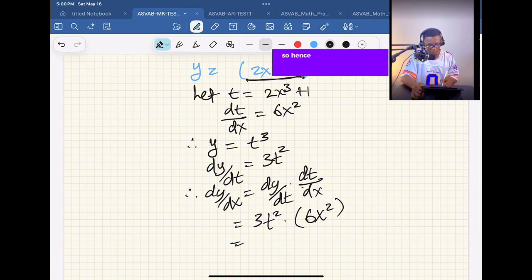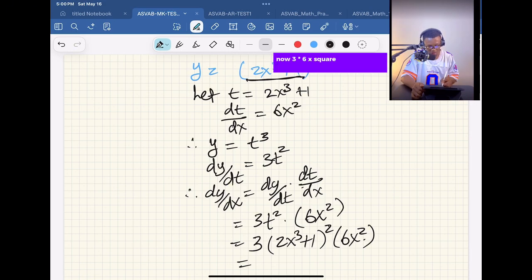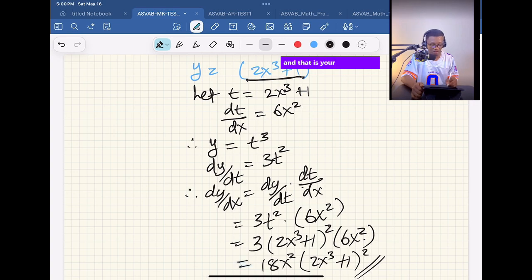So hence, this becomes 3 into, instead of t, 2x cubed plus 1, but t here is squared, so you square this, then you multiply by 6x squared. Now 3 times 6x squared becomes 18x squared, all into (2x cubed plus 1) all squared. And that is your final answer.